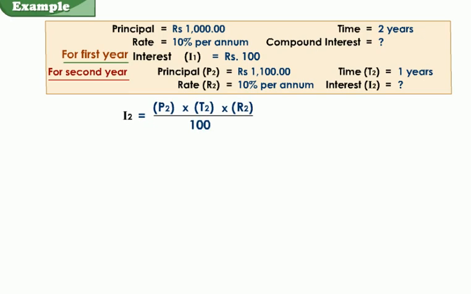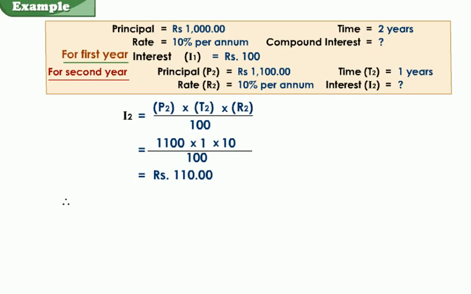Let us substitute the values here, and we write 1100 into 1 into 10 divided by 100. That gives us rupees 110.